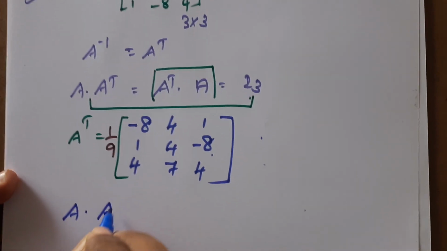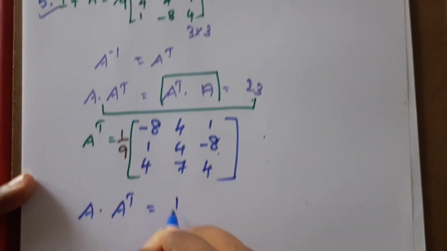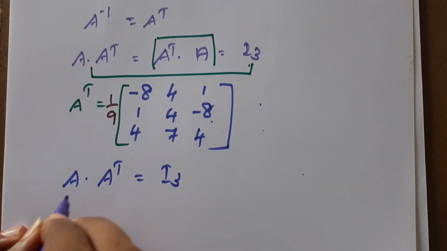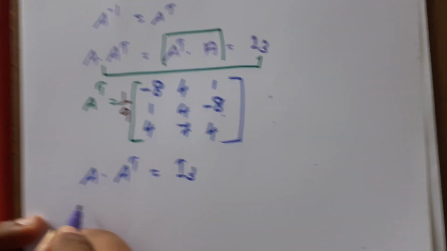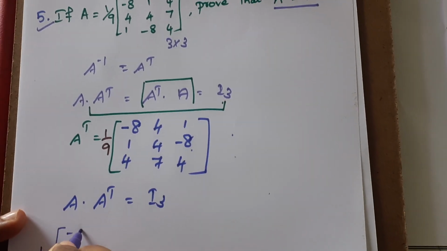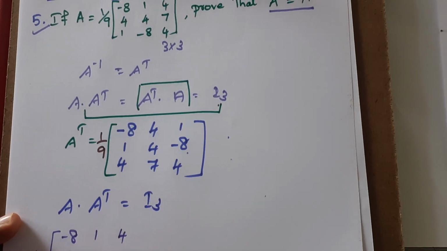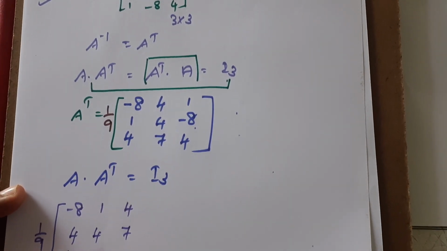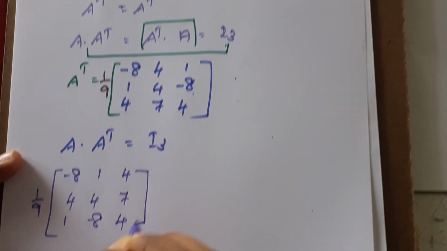Then what we need to prove? A into A power T is equal to I3. So first the A value: 1 by 9 constant, then minus 8, 1, 4, 4, 4, 7, 1, minus 8, 4.